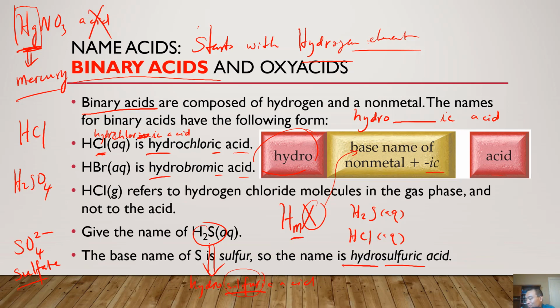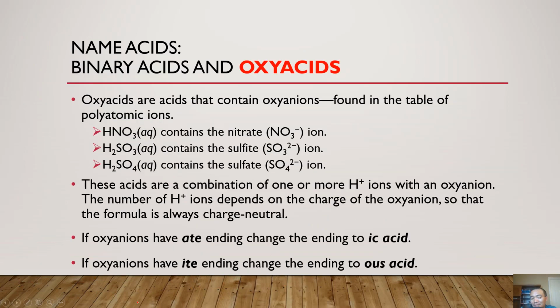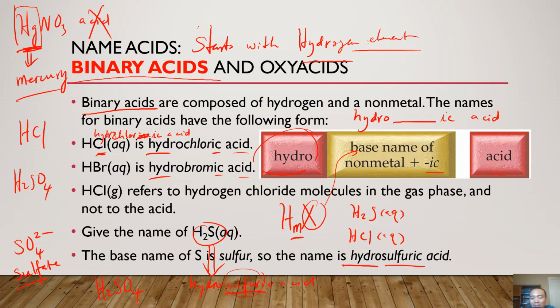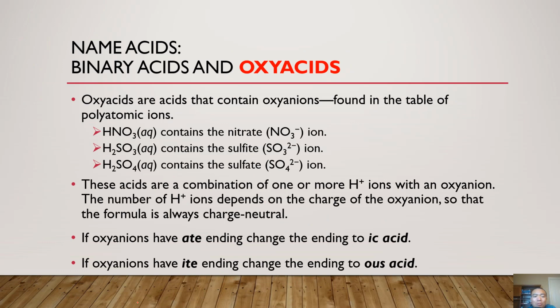It contains no oxygen. If it's H2SO4, that's not hydrosulfuric acid. It's a different type of naming system, which we are going to talk about right now. H2SO4 is a type of acid called an oxyacid because it contains oxygen. If you have oxygen inside, the naming is based on the corresponding anion.